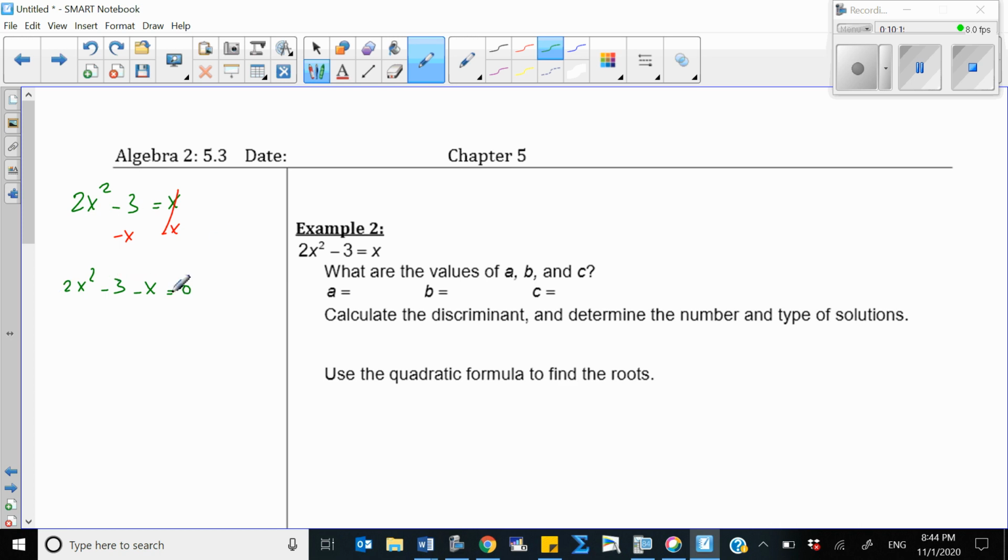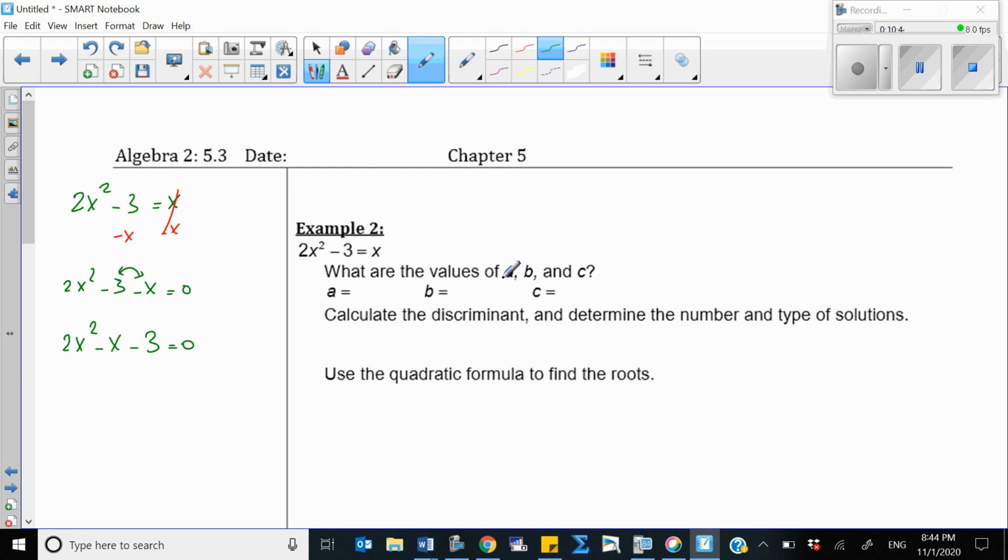The next thing that I need to do is to just switch these two terms, because our standard form is like ax squared plus bx plus c. So this x term should be in the middle. So I just switch these two and my equation will be 2x squared minus x minus 3 equal to 0.